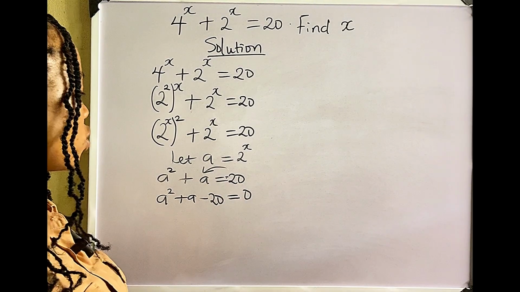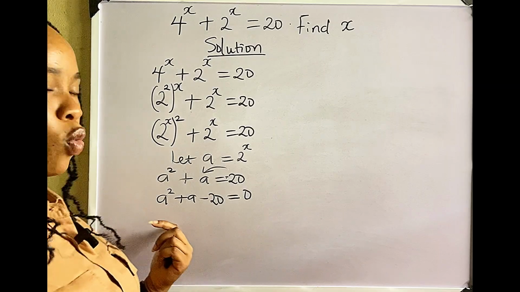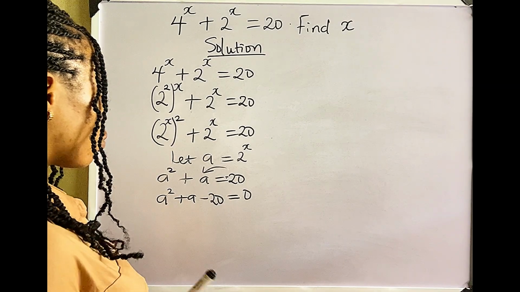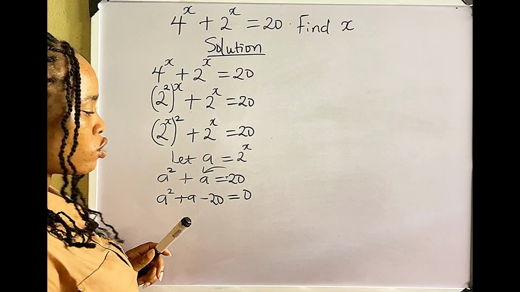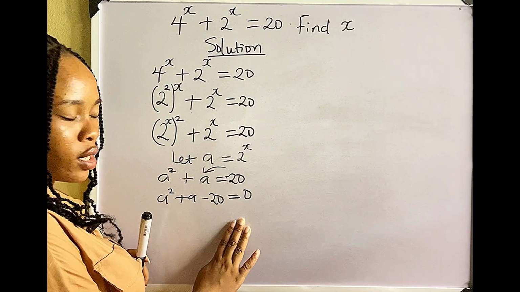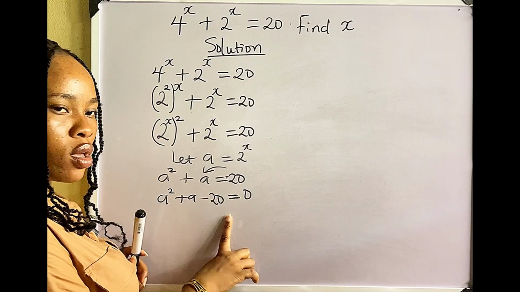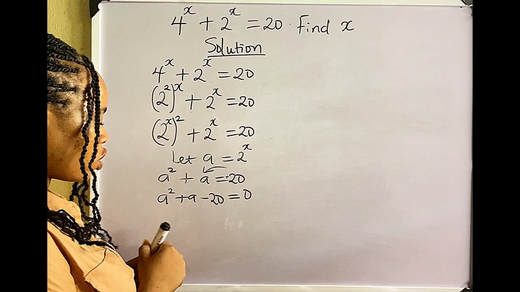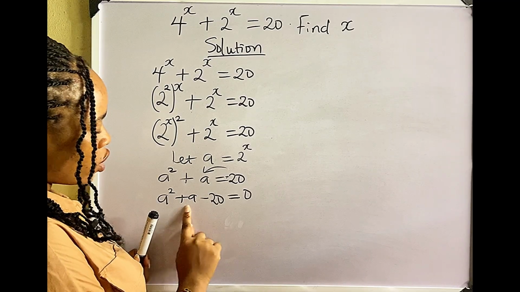So now this is giving us a quadratic equation. Now how do we go about this? We simply look for 2 factors of minus 20 that when we multiply them together, it gives us minus 20, and when we add or subtract them, it gives us the coefficient of the second term here.